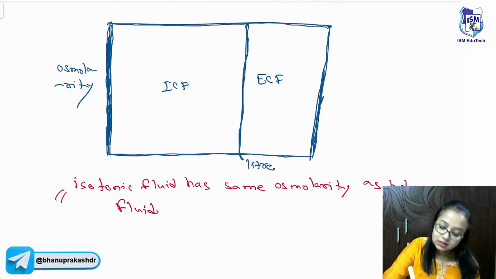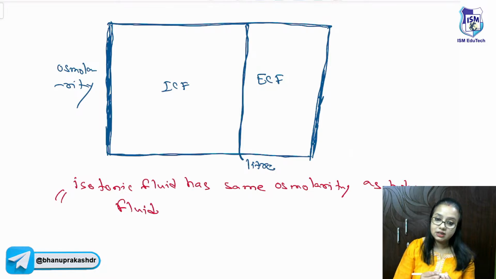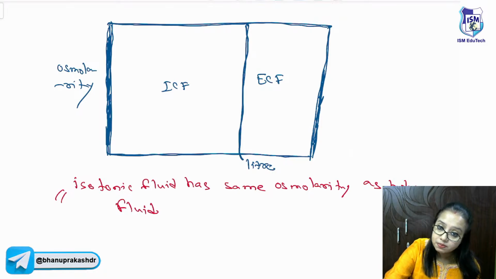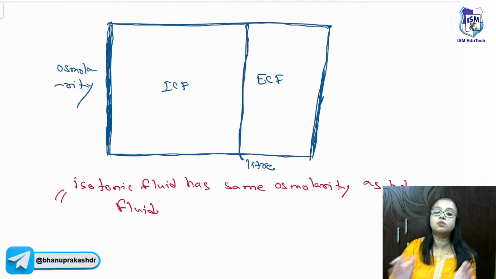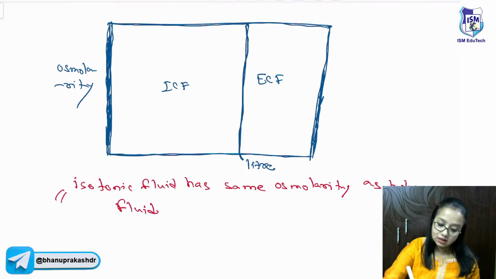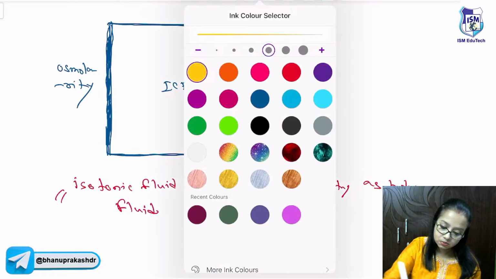So the vertical line that is reflecting the osmolarity will not increase or decrease. What will happen? Only there will be volume expansion.